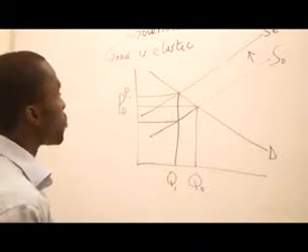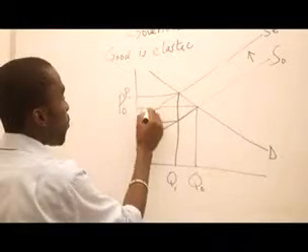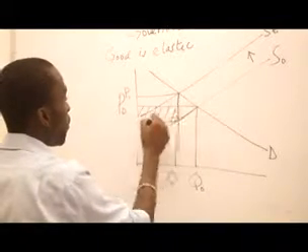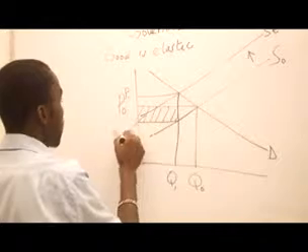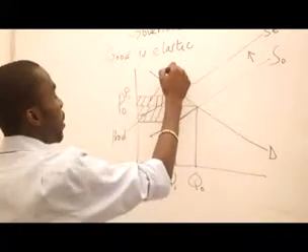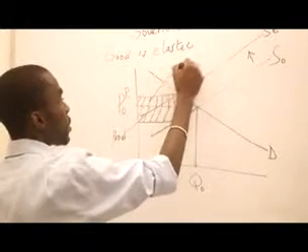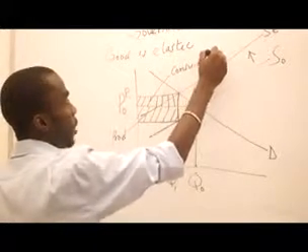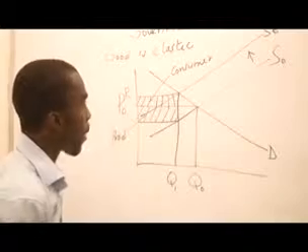So what the producer will do is to bear a higher proportion of the tax, whilst the producer only passes a smaller proportion of the tax on the consumer.